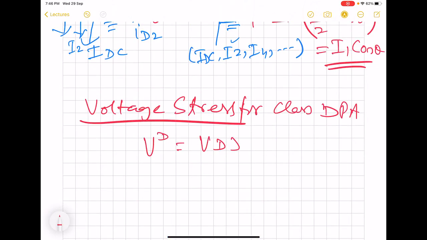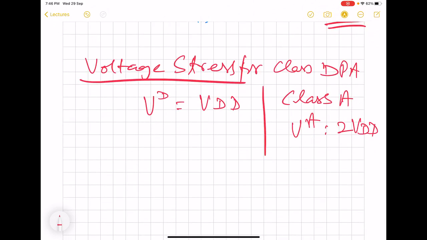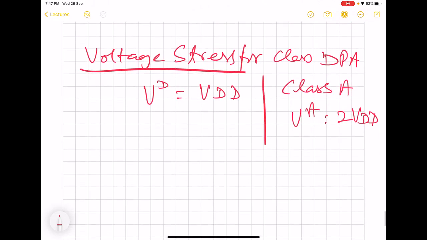is VDD. Now, if you recall, for linear classes, for example class A or B, this voltage is equal to 2 VDD. So each of the transistors has to tolerate only half of the voltage compared with the linear class.